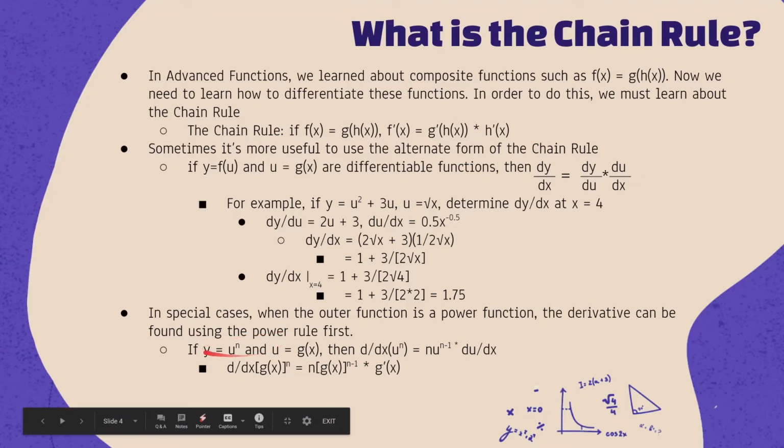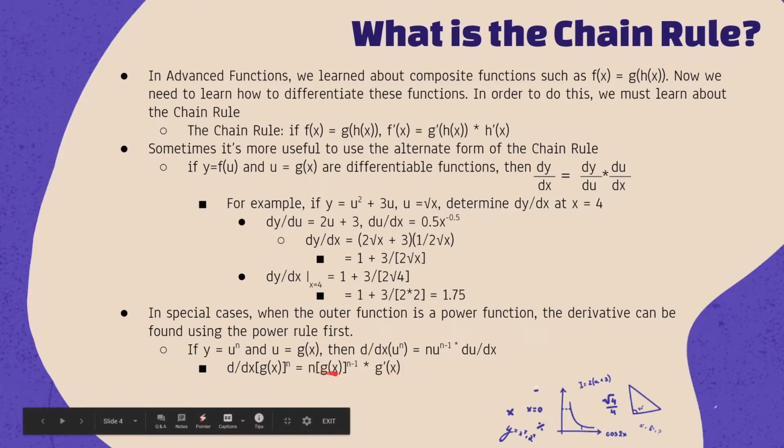So we say that y is of course the power, then u is still a function. So then the derivative of the power, we know what that is using the power rule. So that's n times u to the power of n minus 1. And we multiply that by the derivative of u. If we are given what g of x is actually equal to, then we could write it this way.